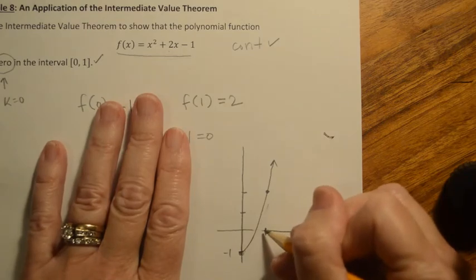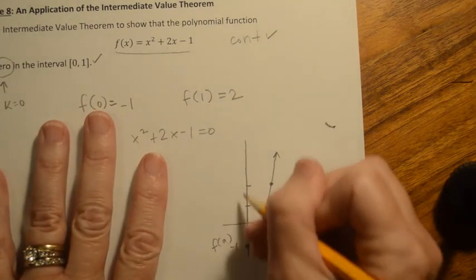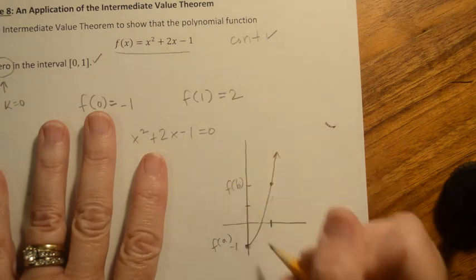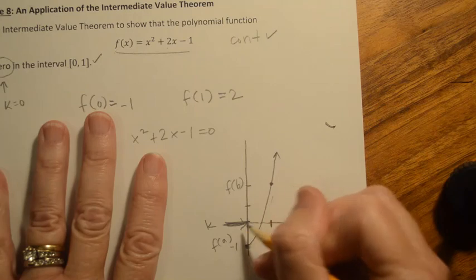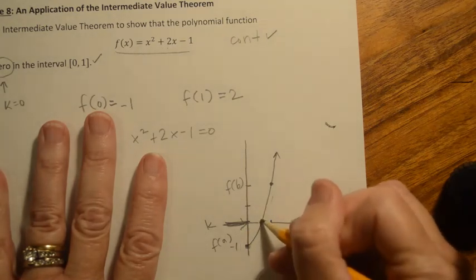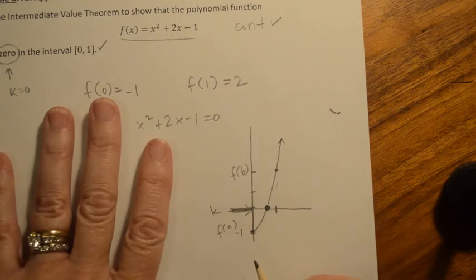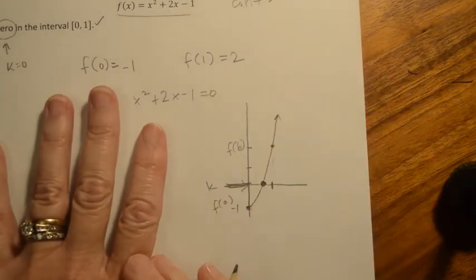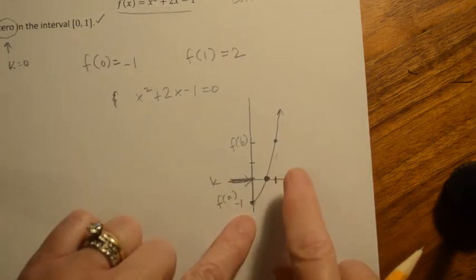So yes, we can see that somewhere in between, this is f of A and f of B, that this is our value that we're talking about. This is our K value. So yes, somewhere between 0 and 1, it has a 0. What it is, we don't know. All right, again, we would have to do some work to find it, but it guarantees that there is some 0 in there.